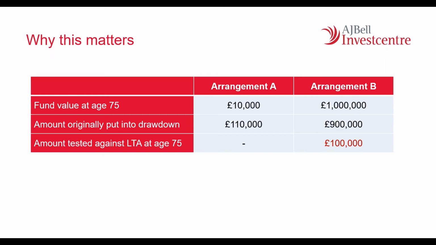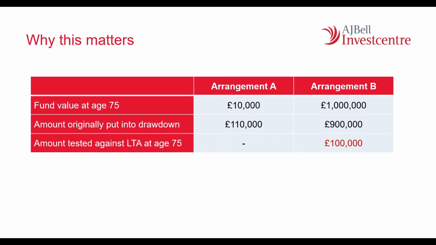Hopefully that is because they've been drawing down funds from that pot. And then when you look at arrangement B, they only actually put £900,000 into drawdown originally, whenever it was, and these aren't weighted for time or anything. It's just whatever the figure was, however long ago it was put into drawdown. So they put £900,000 into drawdown, but that fund's had some growth on it. So that's now worth £1 million.